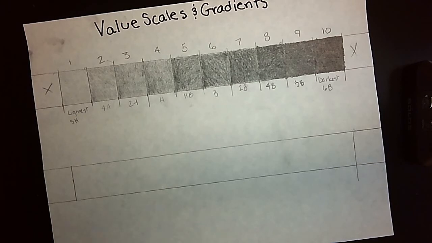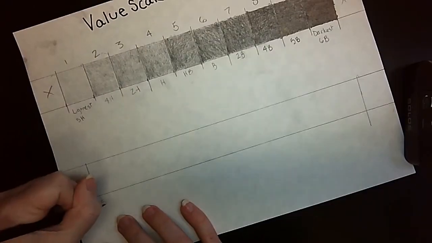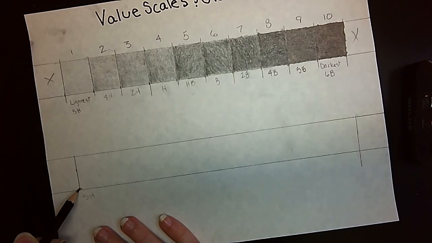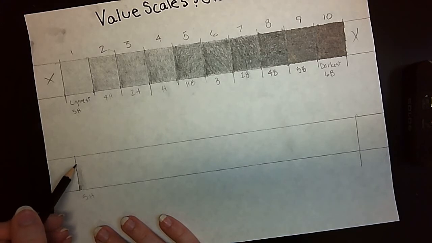Just like before, I'm going to start with my 5H at one end. And I'm going to do the same small circular strokes, pressing as lightly as I can. Remember, this process is not meant to be fast.